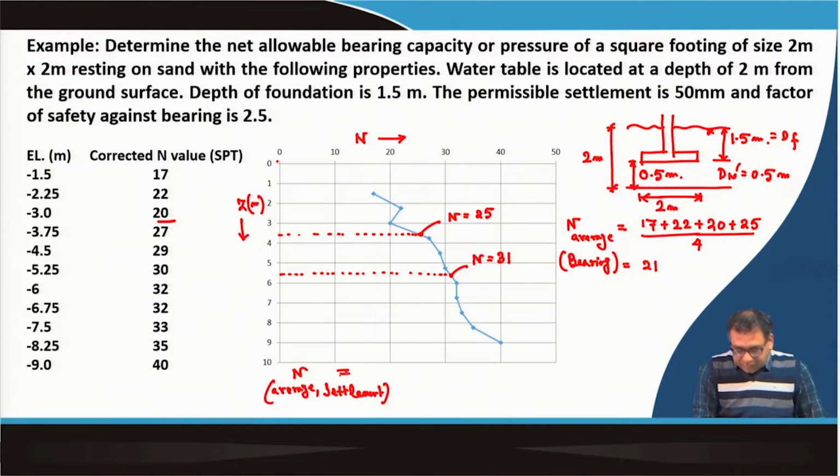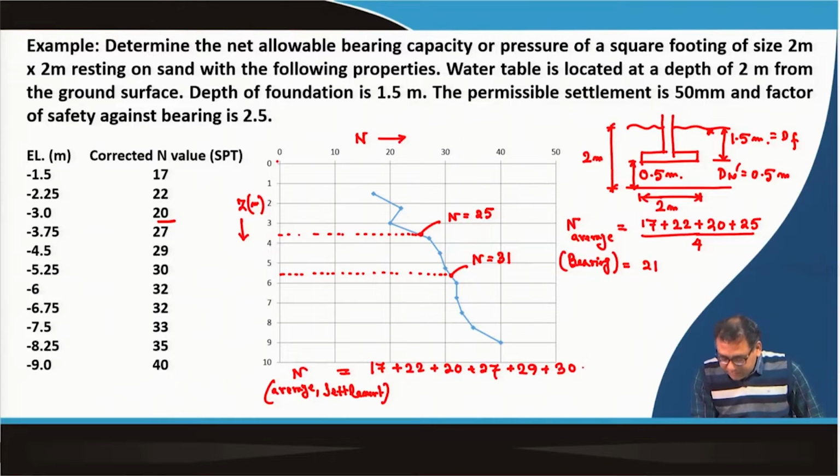Okay. So, this N value: we have again 17 plus 22 plus 20 plus 27, then 4.5 is 29, then 5.25 is 30, then it is actually 5.5.